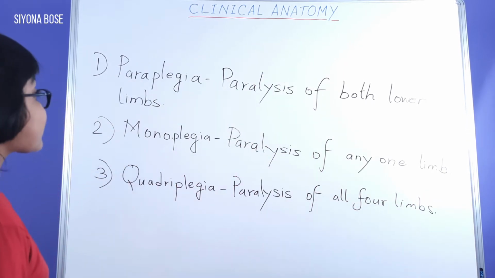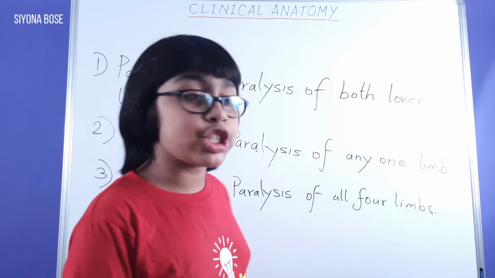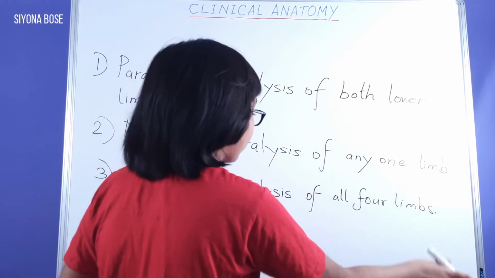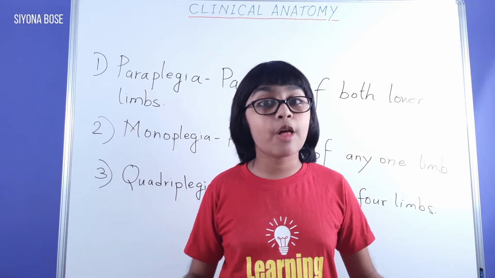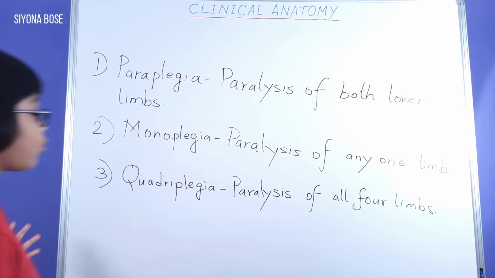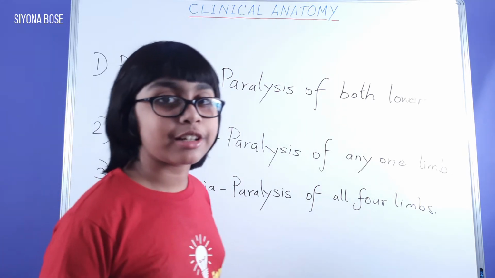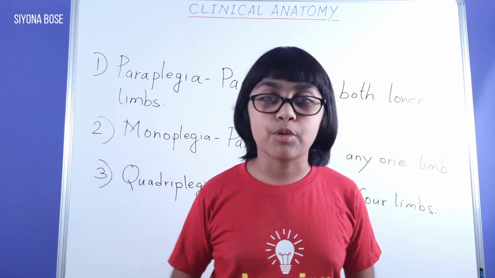Generally, after an accident, either paraplegia or quadriplegia occurs. That is paralysis of all 4 limbs, which means we will be unable to do anything, like a vegetable, sitting on a wheelchair. So now you might take a look at the board.